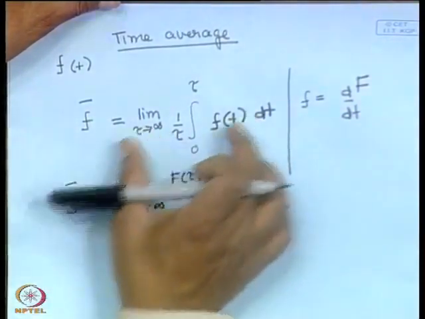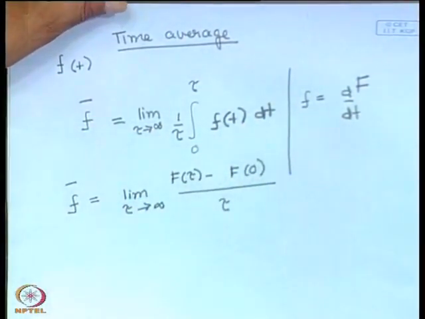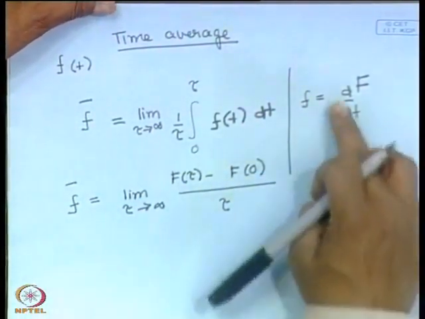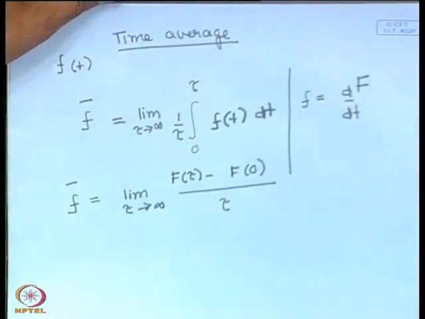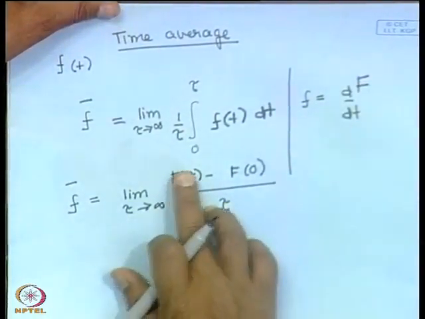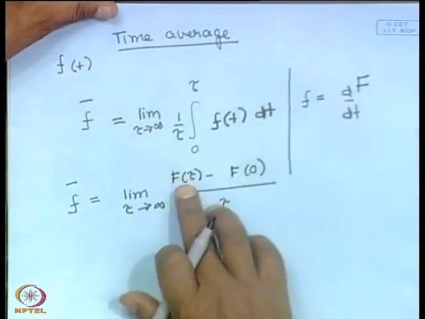So this time average can be written like this if this f is a time total derivative of some quantity, and if this quantity over here, f, is bounded.